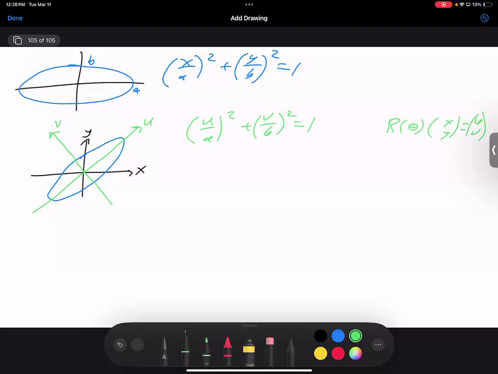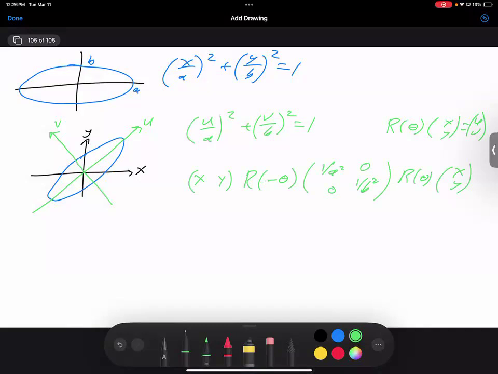So are you rotating the axes? Or are you rotating the vectors? Right. And now you can see that you can write your ellipse as (x, y) times the rotation matrix with theta inverse, which is just negative theta, times the matrix with 1 over a squared, 0, 0, 1 over b squared, times the rotation matrix times (x, y).